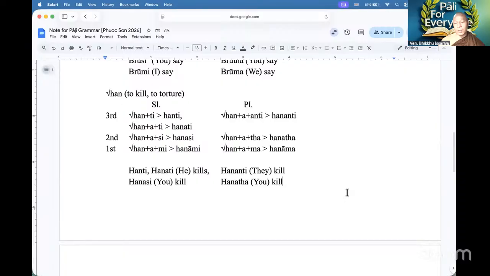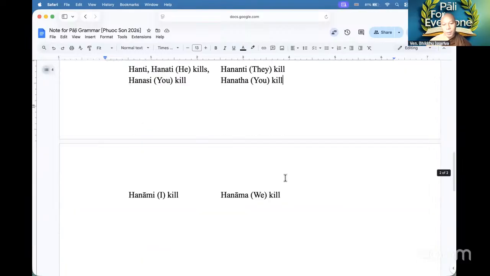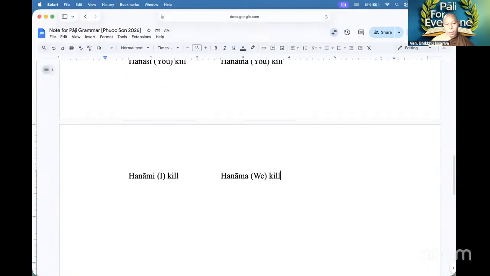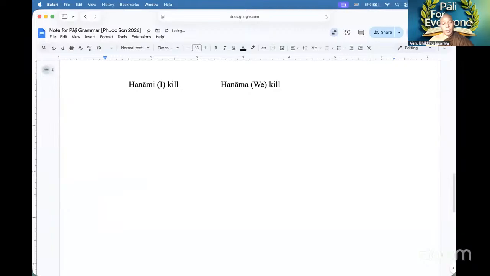So in the book, only these 3 roots, but we need to know some verbs even though they are not included in the book. For example, one verb root we have already learned, thā, which means to stand.